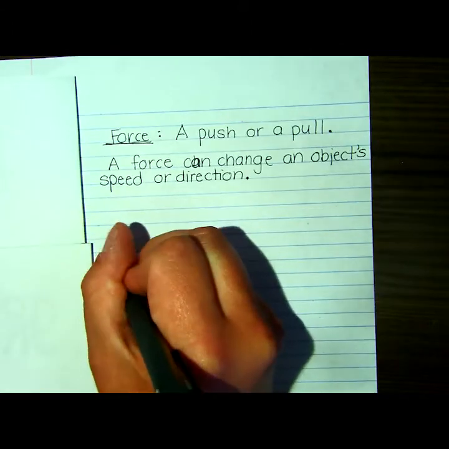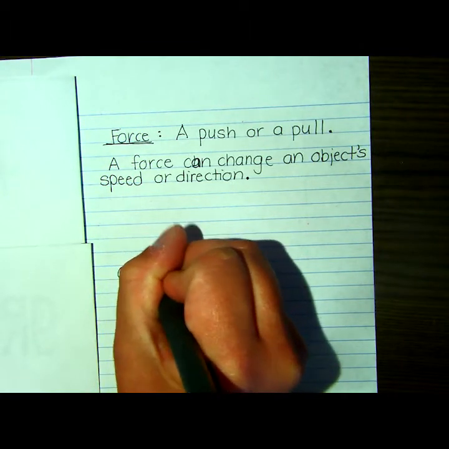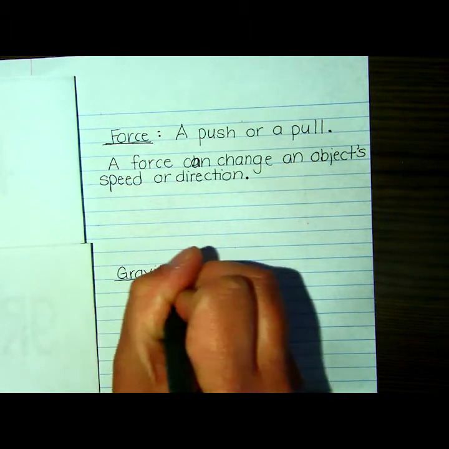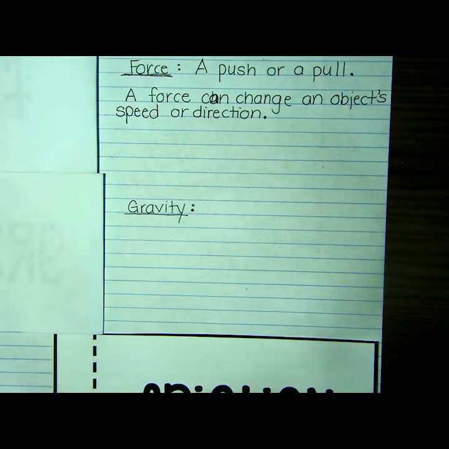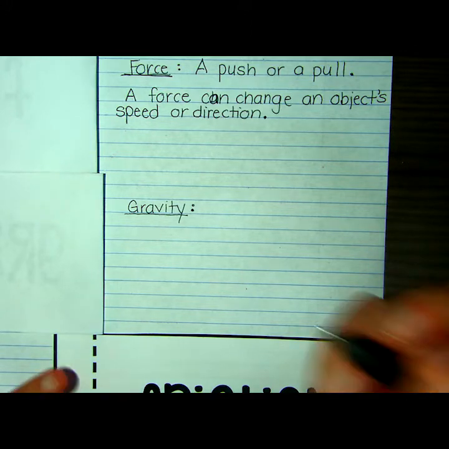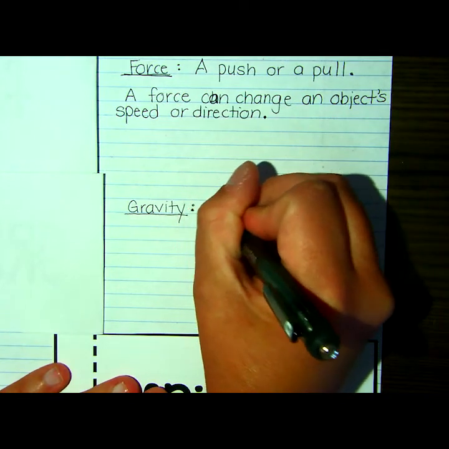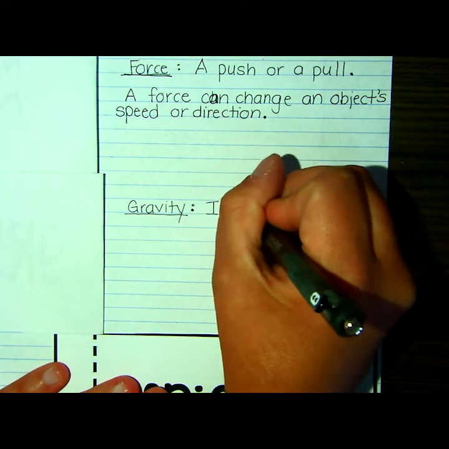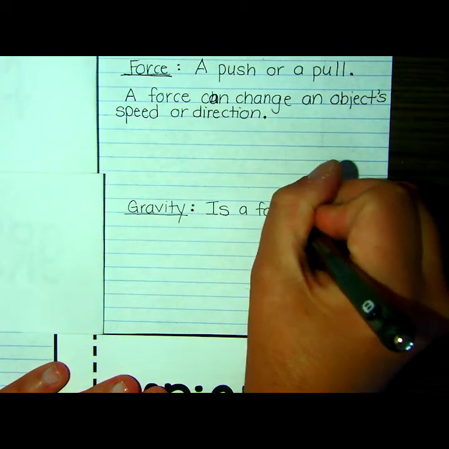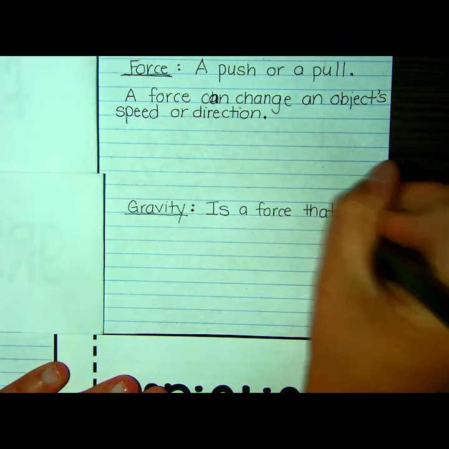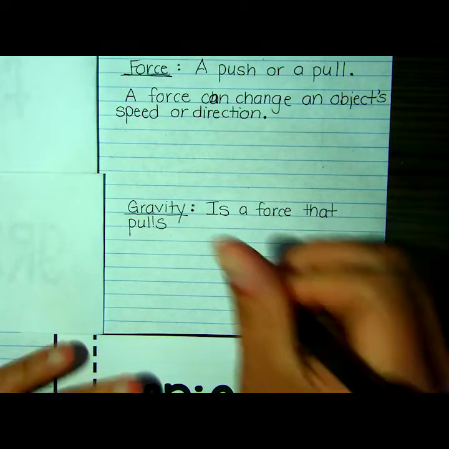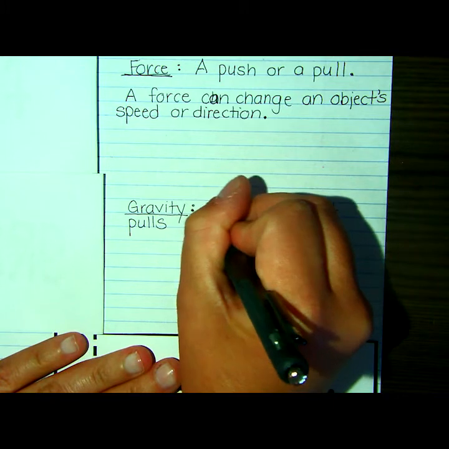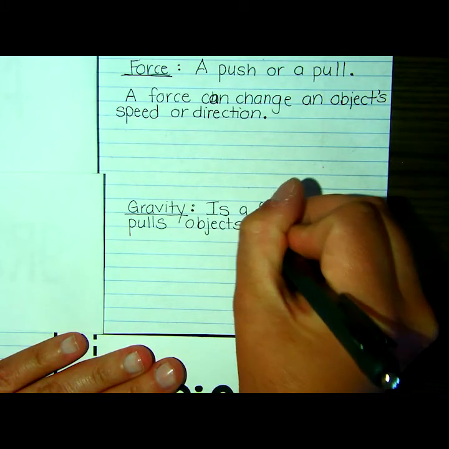We all know this word. We've heard this word since we were very young. We know that it's a force that keeps us grounded here on Earth. It keeps us sitting in our chair and not floating away. But how can we define gravity? Well, gravity is a force that pulls objects down to Earth.